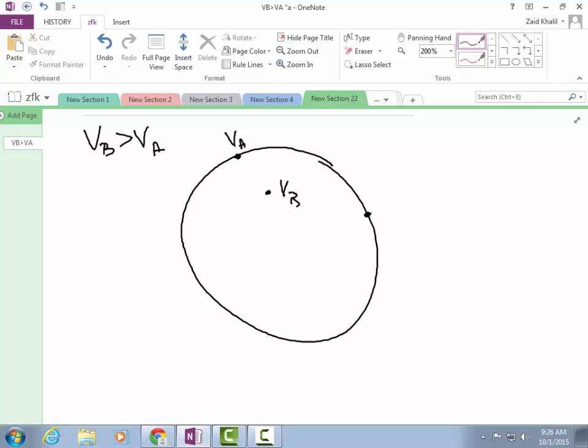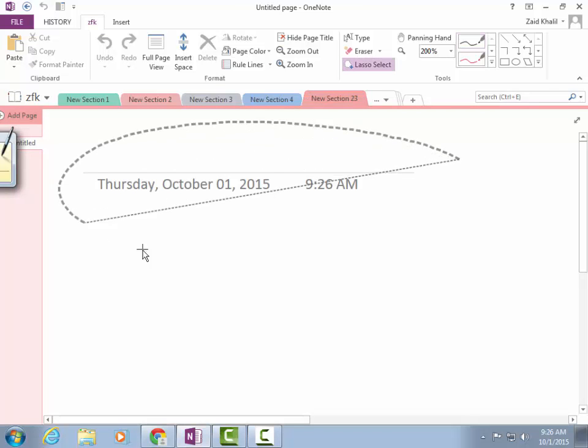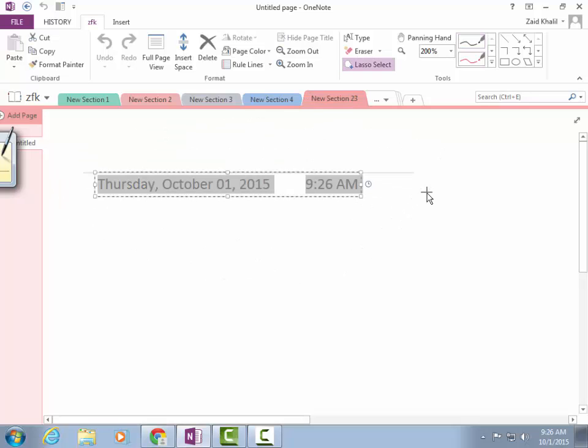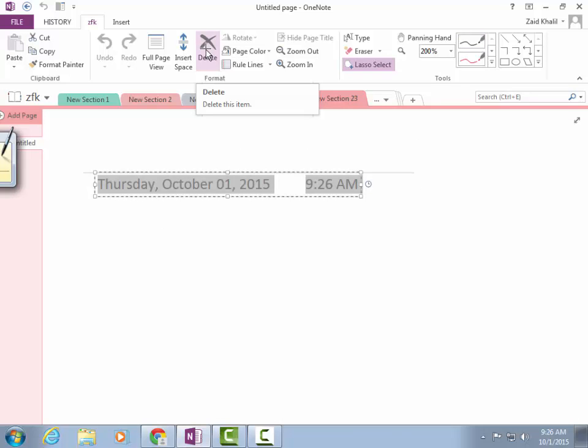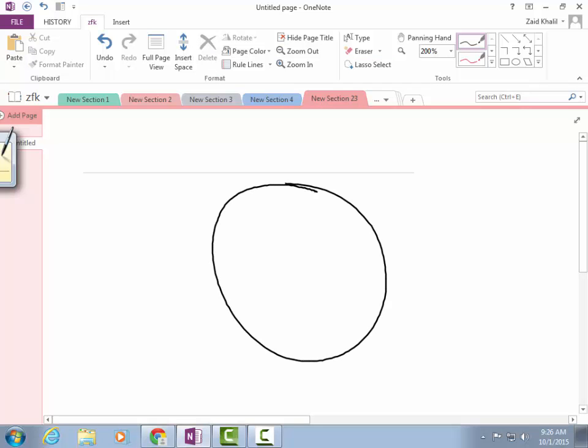Now, it gets weirder. Because now, watch this. What I'm going to do is carve out a cavity inside of a conductor. So here is a conductor, make it spherical, right? And now I'm going to take my shovel, go inside, and carve out a cavity. And then what am I going to do? I'm going to put a charge inside the cavity.